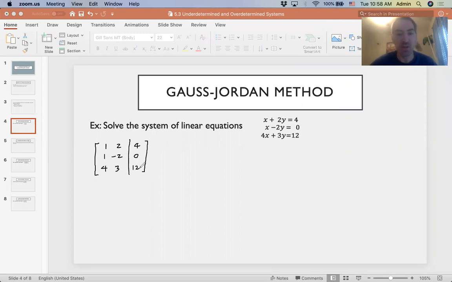And when we begin to solve this, we already have the 1 in the first position, so we want everything else to be zeros. And we do this by taking row 2 and adding the additive inverse times row 1, and row 3 minus 4 times row 1. Row 2 minus row 1.